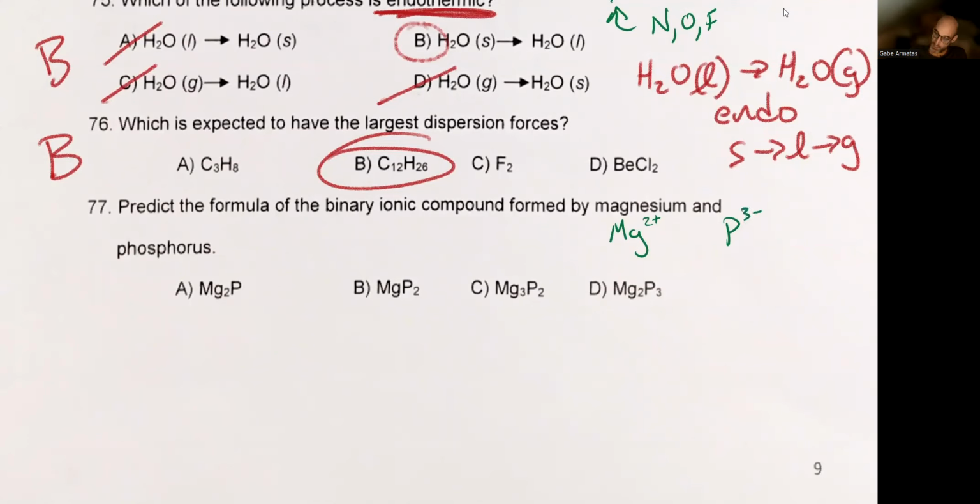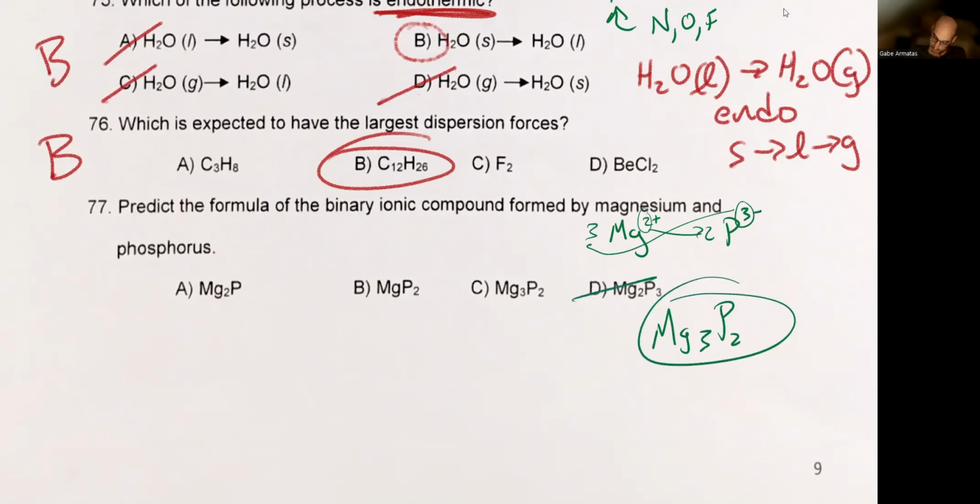It's going to gain 3 electrons. So I'm just going to take these numbers, give that to phosphorus, give that number to magnesium. So magnesium gets the 3, sorry, phosphorus gets the 2, Mg3P2. There we go. So C.